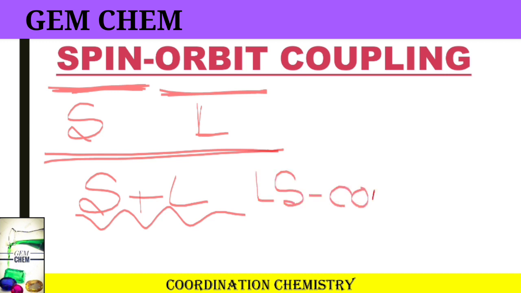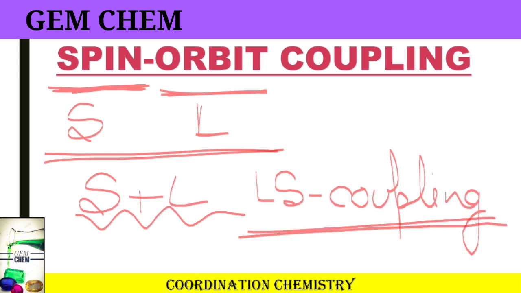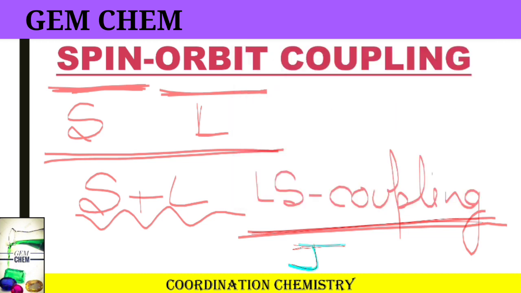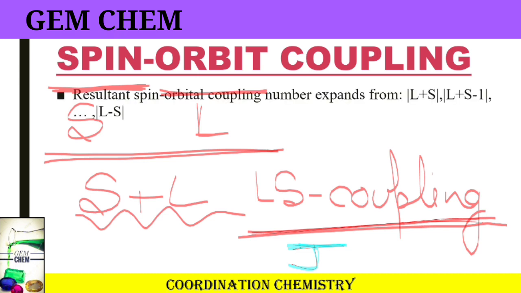This LS coupling gives rise to another quantum number which is known as J coupling constant. This is very important. So the value of J generally lies from L plus S, and then we are going to decrease one by one. Ultimately, the last one which we are going to get is L minus S value.